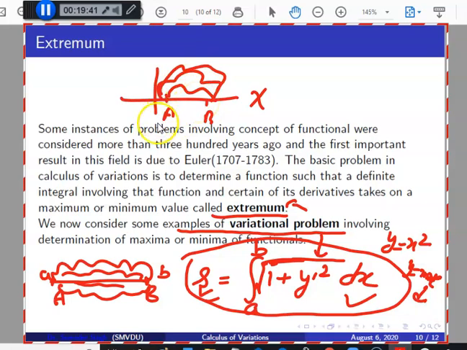So this is another variational problem. This formula will not be of arc length but of the area. So in this way, you can have many problems in which the study of calculus of variations is necessary.